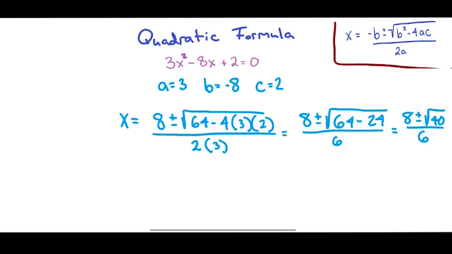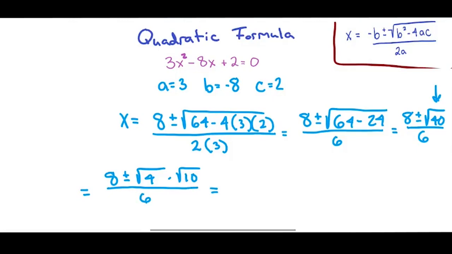Now, I can break up that square root of 40. So it becomes 8 plus or minus the square root of 4 times the square root of 10, all over 6.